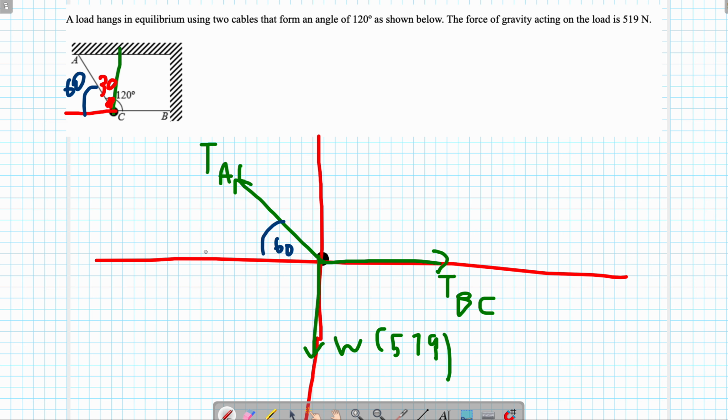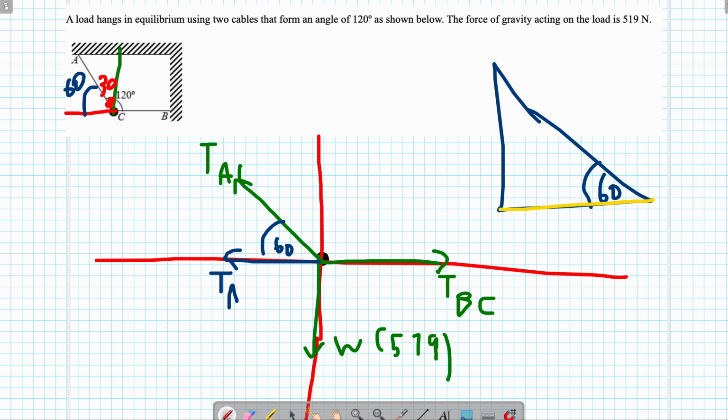Then we're gonna project it as always. TAC. This is 60. We want this, so we're gonna use cosine. TAC cosine 60.